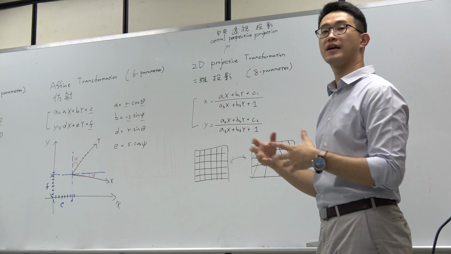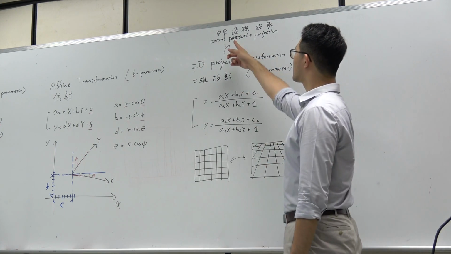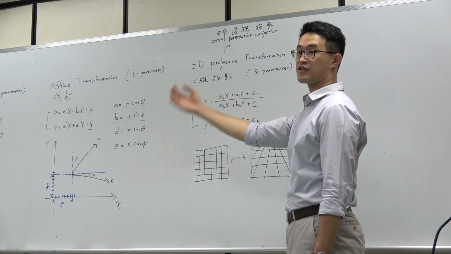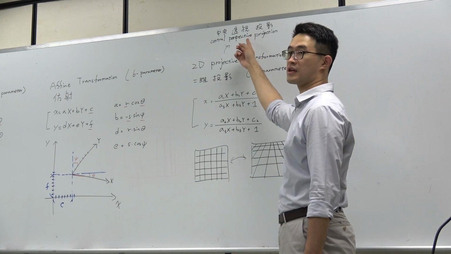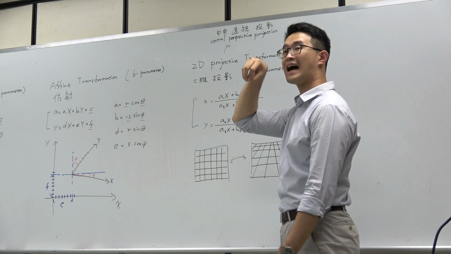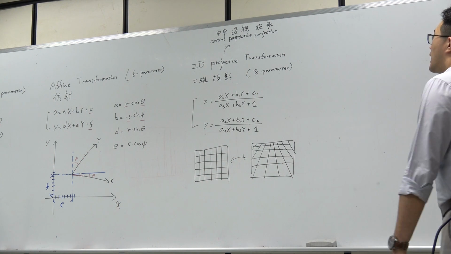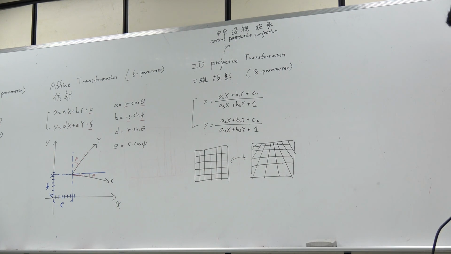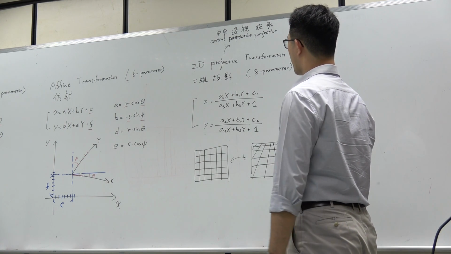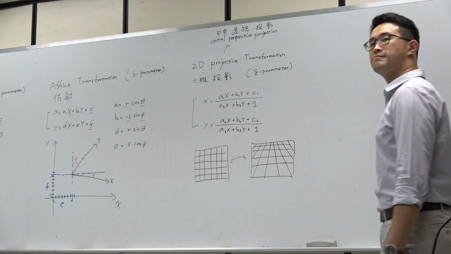So that's why it's called central perspective projection. In Chinese, it's called 中央透视投影, right? Because this perspective center has the other name, which is called 透视中心 or perspective center. So central perspective means it's describing that perspective center. Okay. Any questions on that?